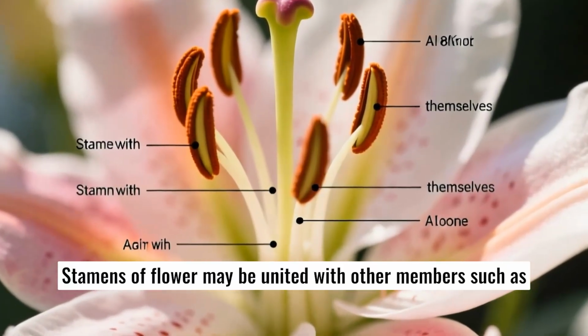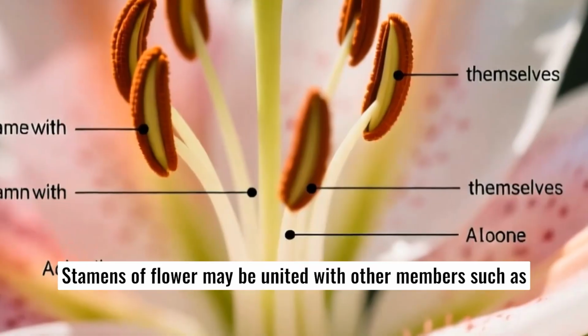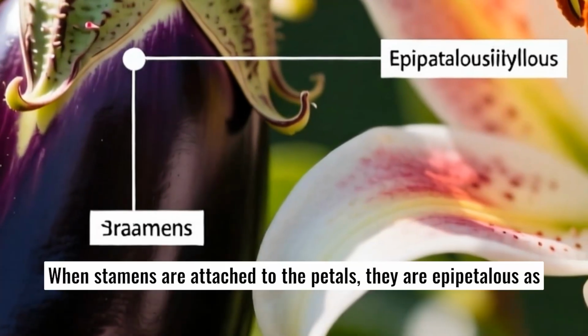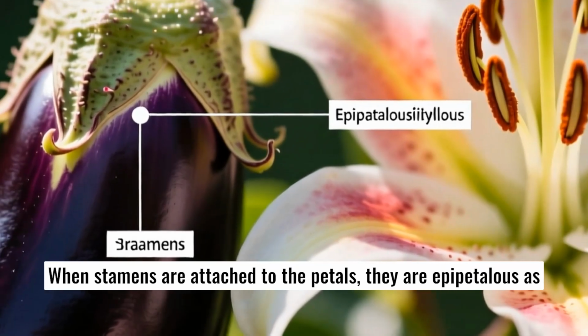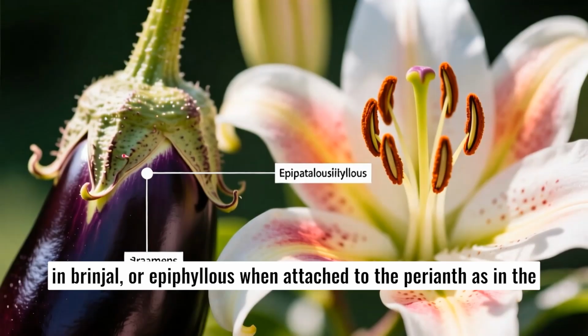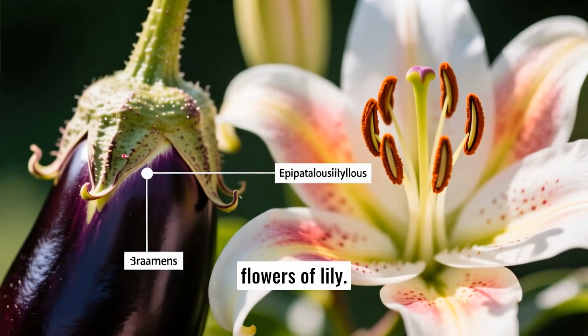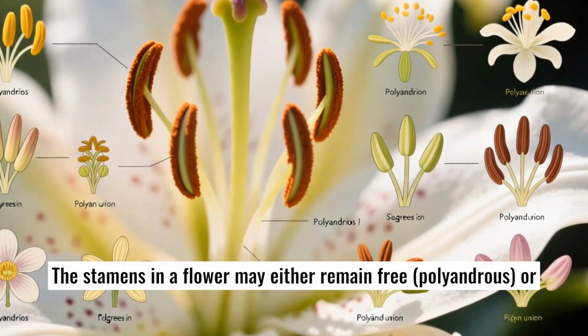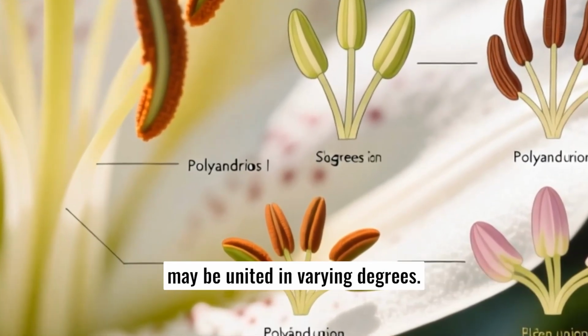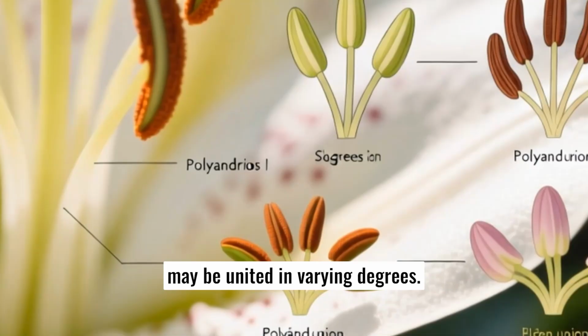Stamens of flower may be united with other members, such as petals, or among themselves. When stamens are attached to the petals, they are epipetalous, as in brinjal, or epiphyllous when attached to the perianth, as in the flowers of lily. The stamens in a flower may either remain free, polyandrous, or may be united in varying degrees.